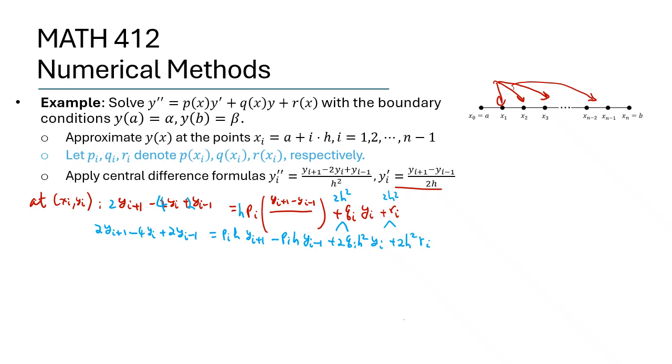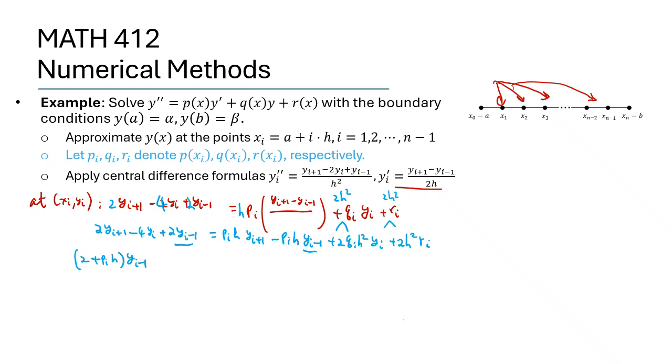Combine like terms. We'll put it in order. We change the order. First y sub i minus 1: we have 2 plus p sub i h, times y sub i minus 1.